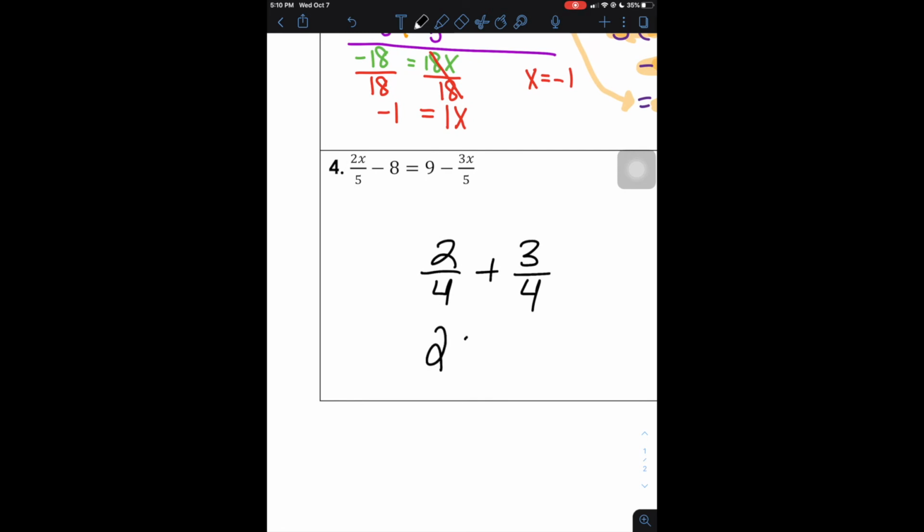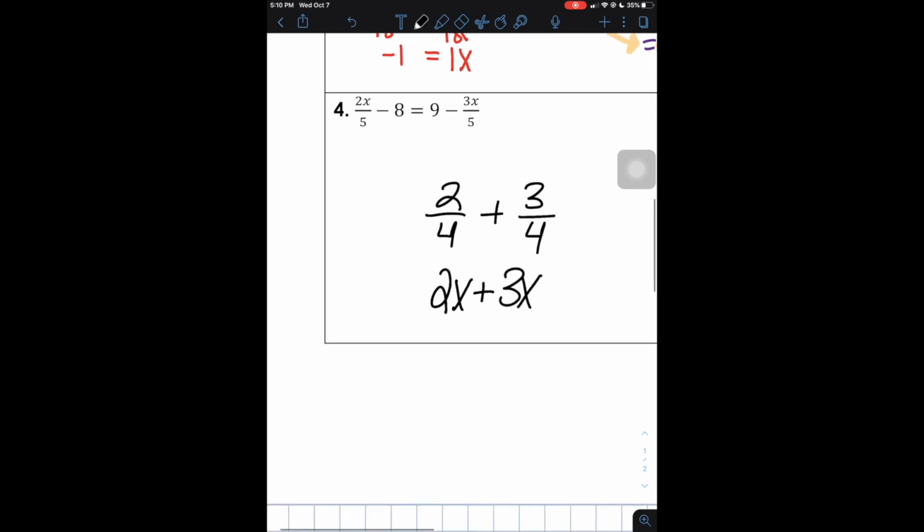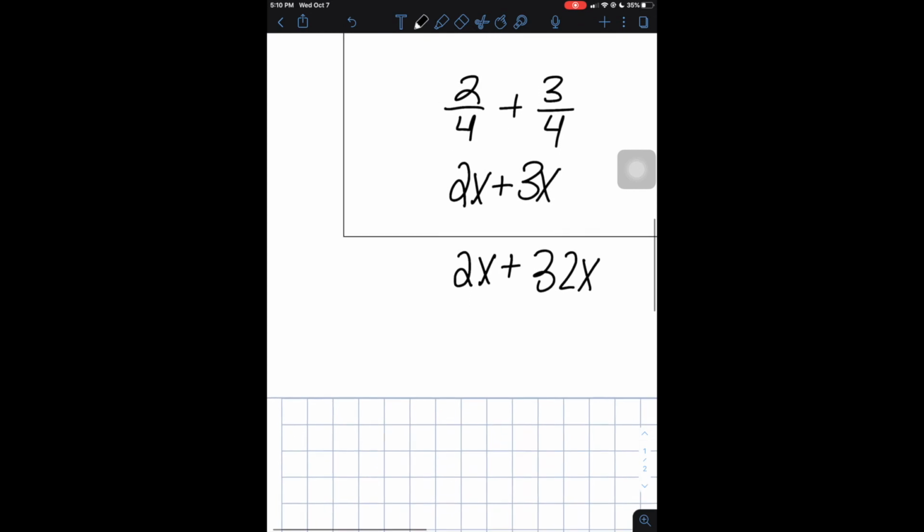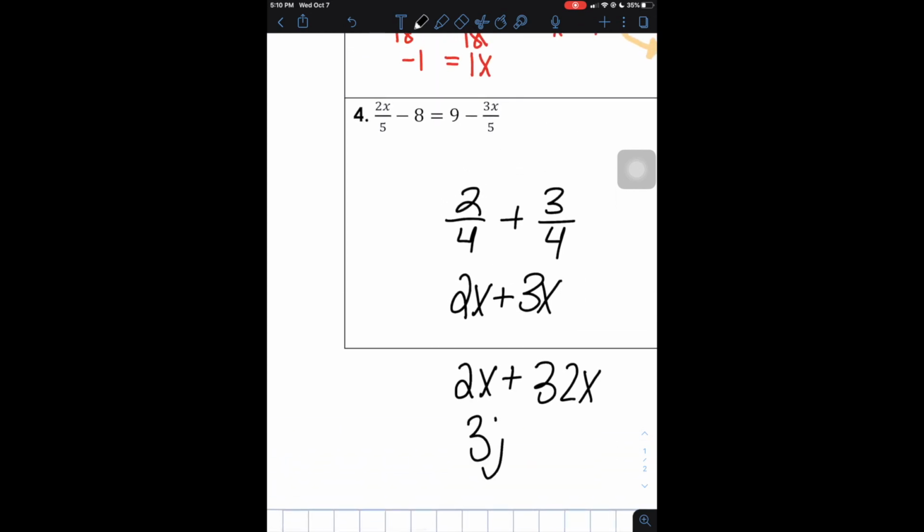So like 2x and 3x we can combine, but 3j and 2x we can't combine. They're not the same. So let's just keep that in mind when we're trying to do number 4. Don't let the fractions mislead us.